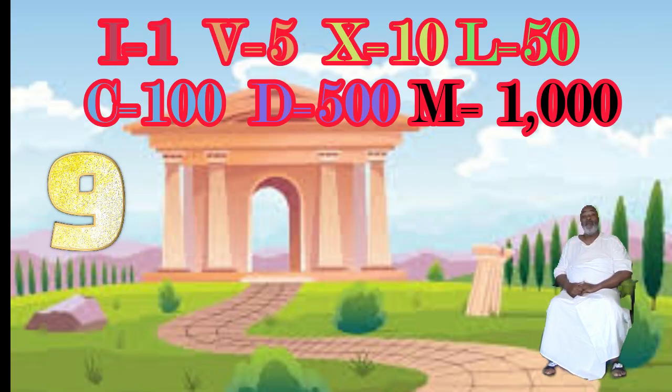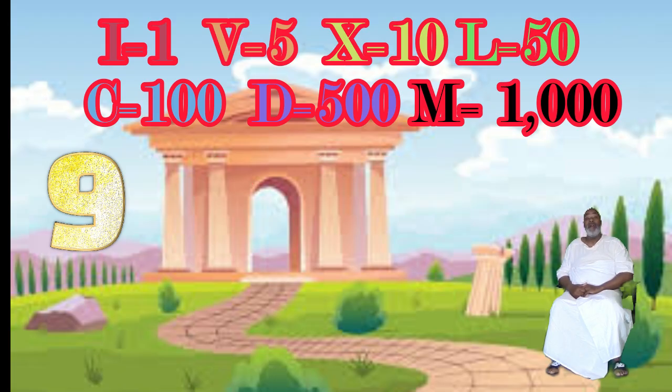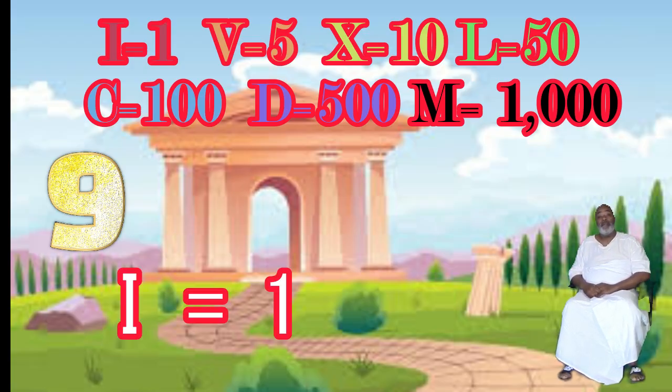So now, let's look at the number 9. Number 9, we could say V and 4 I's, which is not wrong. Just like the number 4, we're going to use subtraction to find the value of 9. So, what is the value of 1?